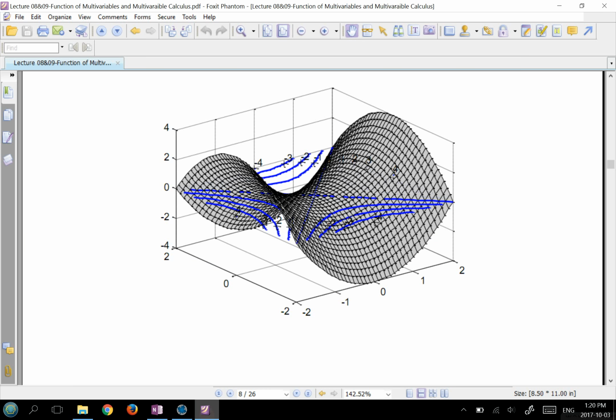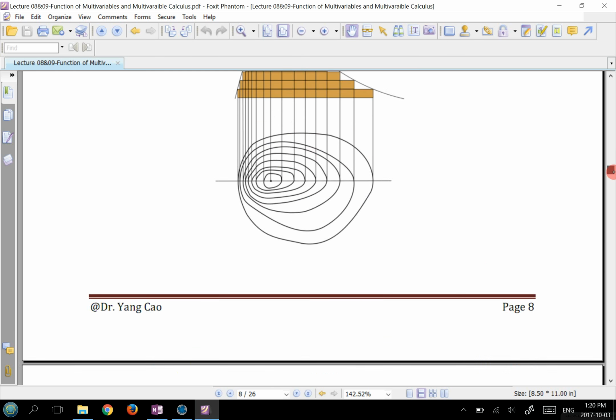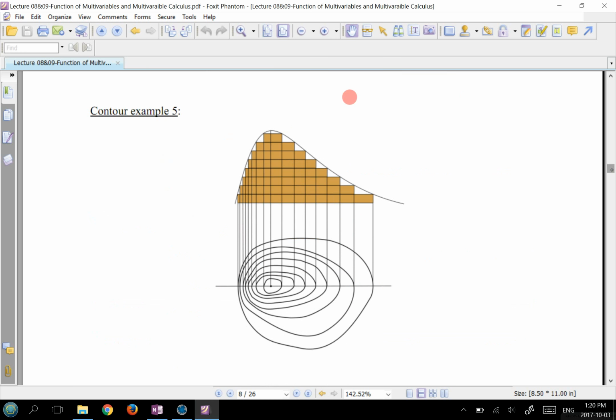If I look at this contour plot, it's like a plane you're climbing. Looking at this side, there is a very small space between two adjacent contours, and on this side, they are more spaced out.